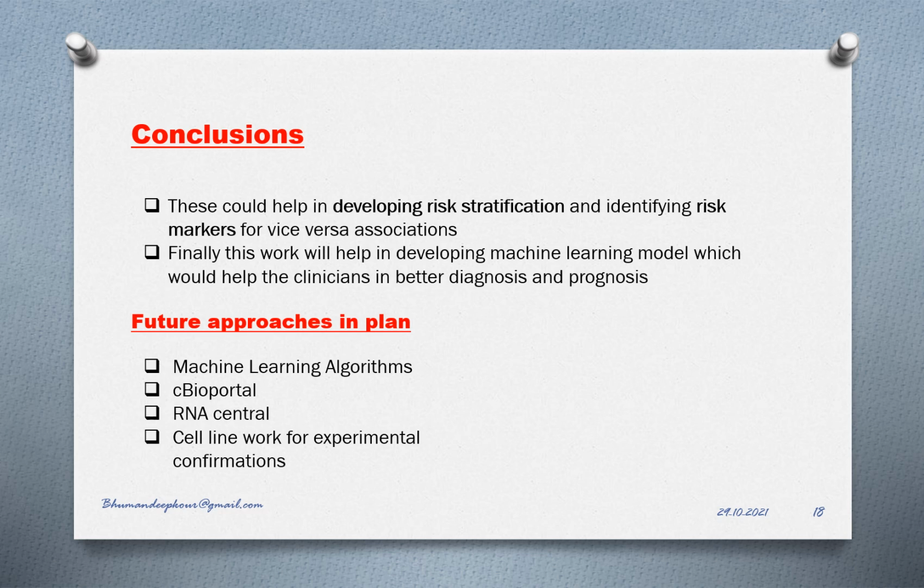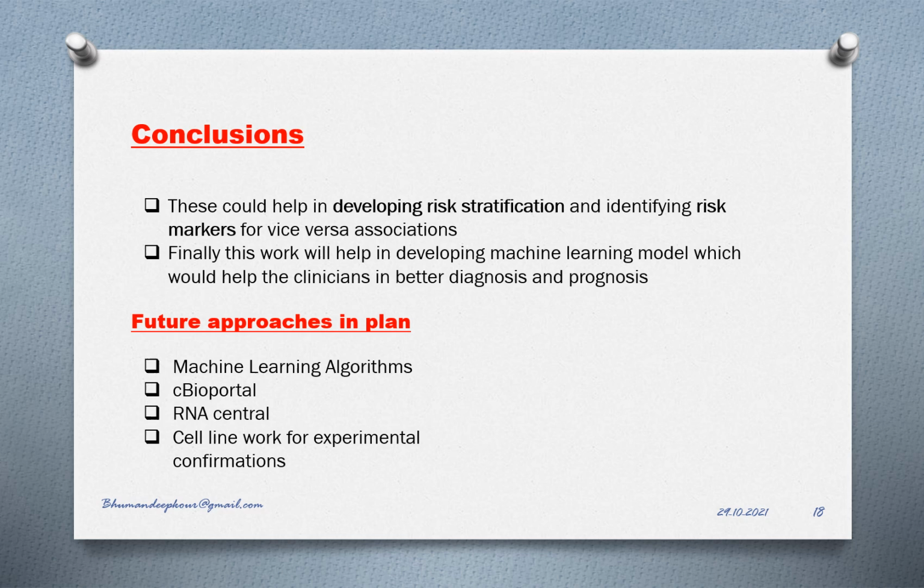So in conclusion, this could be helpful in developing risk stratification and identifying risk markers for vice versa associations. Finally, this would help in developing a machine learning model which will help the clinician in better diagnosis and prognosis. Also, I would like to add the identification of a potential biomarker.